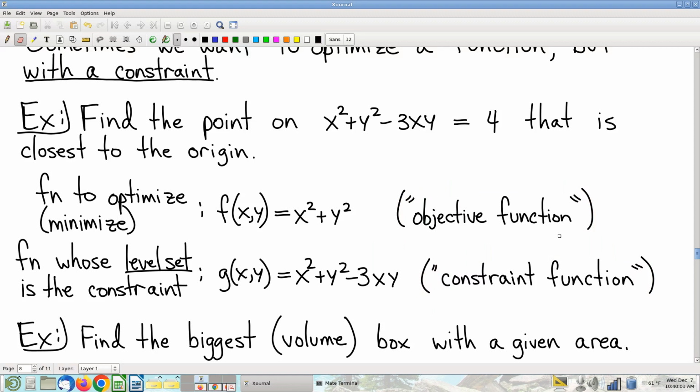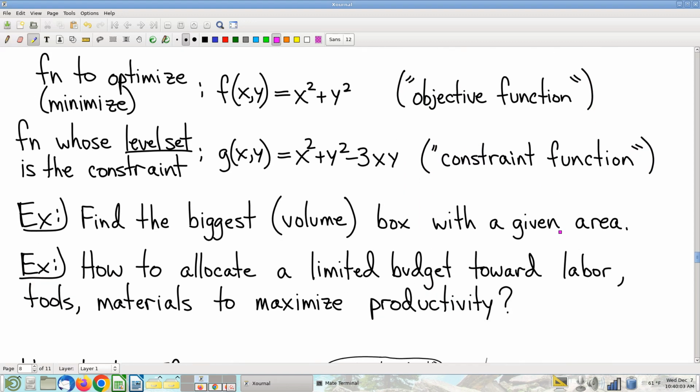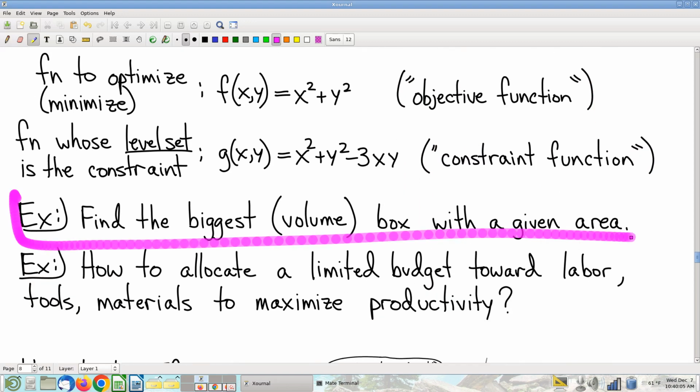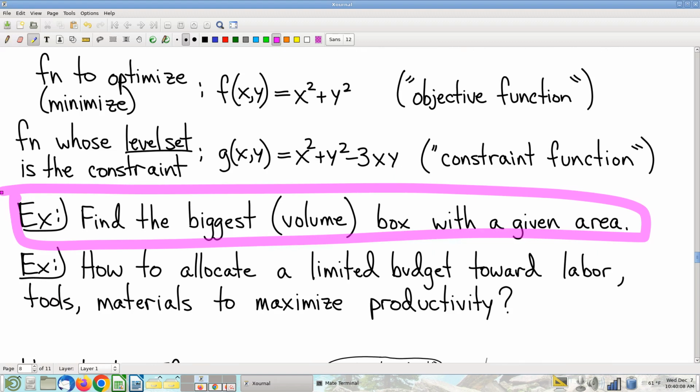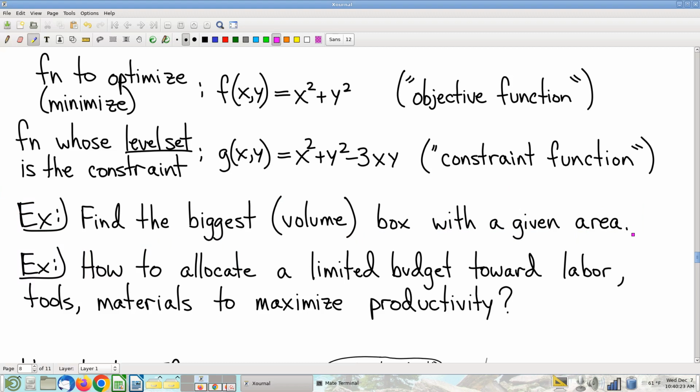All right, a couple more examples before we get to solving them. Suppose you want to find the biggest rectangular box given a certain required total area. All right, so you've got a certain amount of cardboard, let's say, and you want to make the biggest possible box. Well, this is a constrained optimization problem because there is a function that you're trying to optimize.